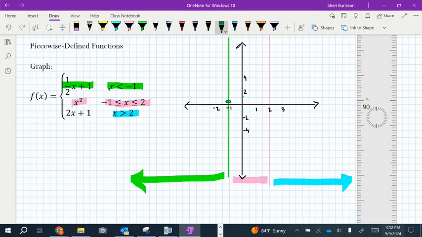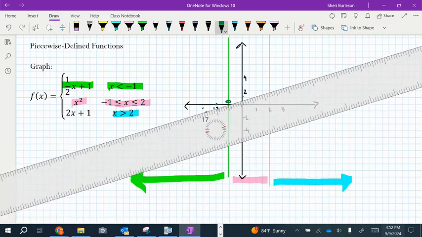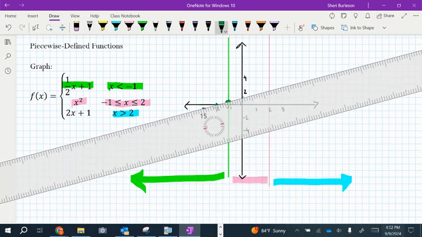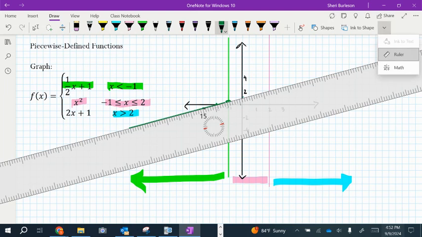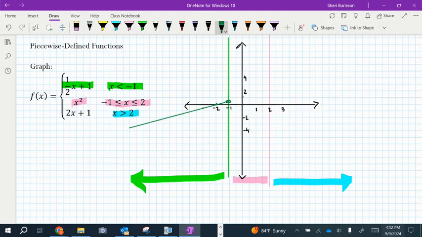So I go down 1 to the left 2, down 1 to the left 2. Remember, I'm only going down half on my scale because my scale in the y direction counts by 2. So now this part of my graph just does that, because it is the line only up to x equals -1, and then the function has to be defined by a different function.